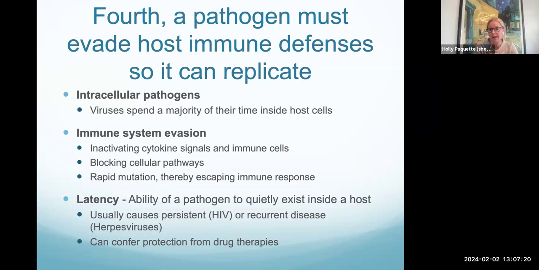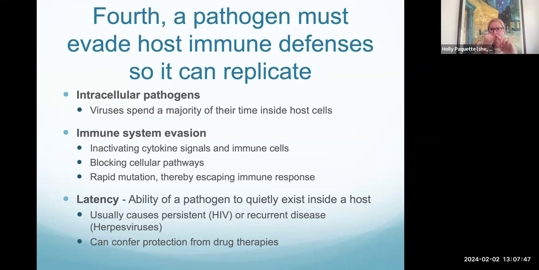So for example, HIV and the herpes family of viruses have this ability to basically quietly exist inside of a host cell by integrating their DNA into our chromosome, and they'll hide out there for periods of time. And often our immune system can't find them, and even when we try to use drugs to treat them, if they're in latency, it can't actually work.